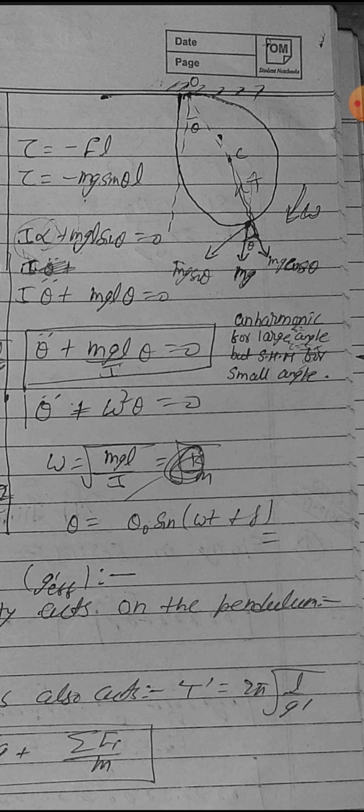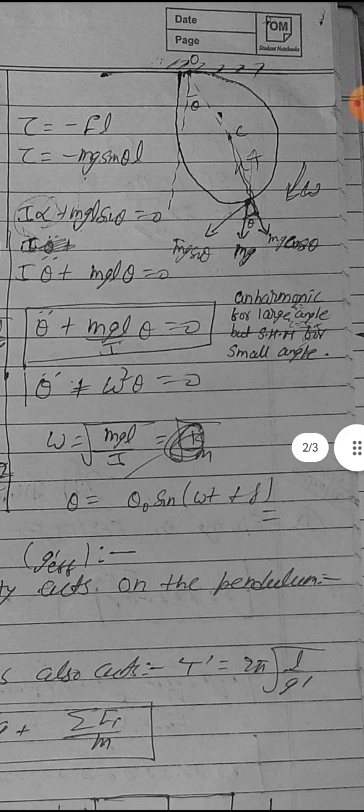We know that force into perpendicular distance is torque. So tau equal to minus FL. Once again, this is the restoring torque. That's why minus sign. So tau equal to minus FL and F equal to mg sin theta, so minus mg sin theta into L.